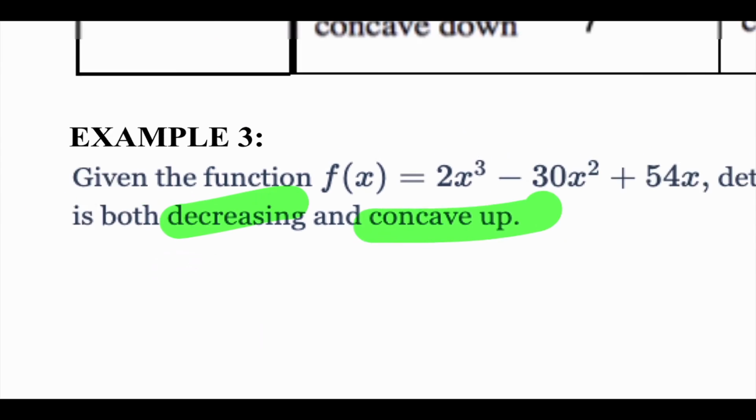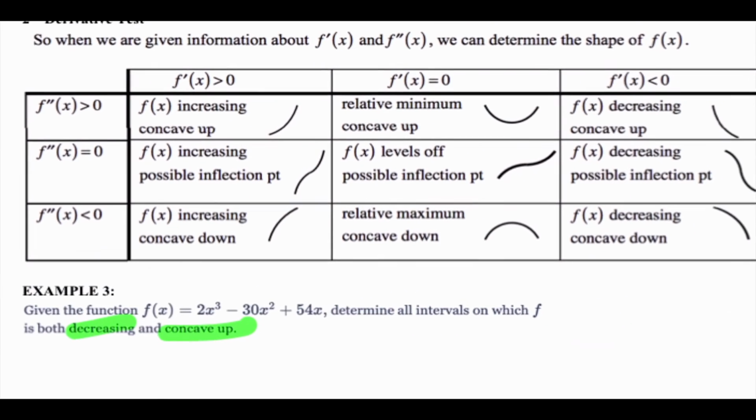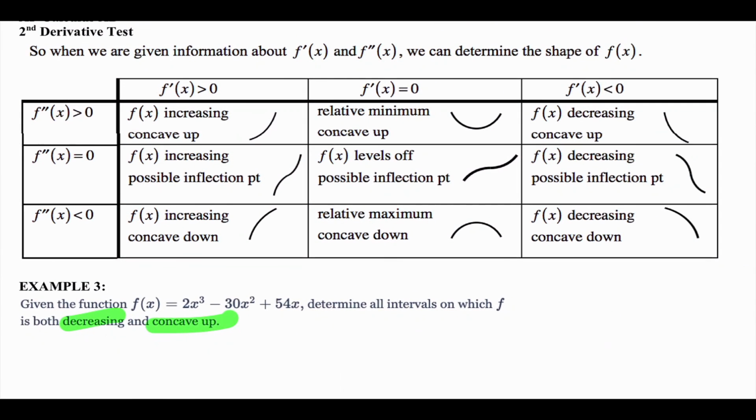Oh, when the second derivative is greater than 0. Use your cheat sheet. Where is it? Find the box, find the cell. There's 9 cells. 1, 2, 3, 4, 5, 6, 7, 8, 9. Find the one we're talking about. Cell 3 right here. There we go. So what goes there? So how do we know?